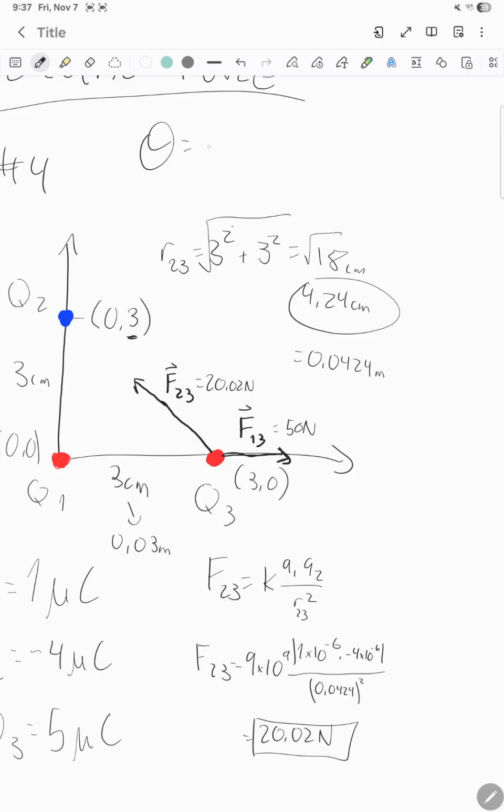So we know that the tangent of an angle, this is just some trigonometry, is equal to, SOHCAHTOA, opposite over adjacent.